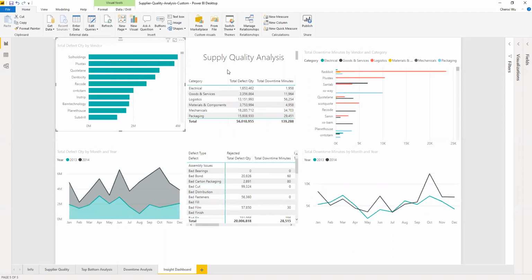Now, the other component I want to talk about is the total downtime minutes by vendor and category. When we're looking at this graph and we want a breakdown of each vendor by the category they service in, we can get a fuller, more detailed picture.